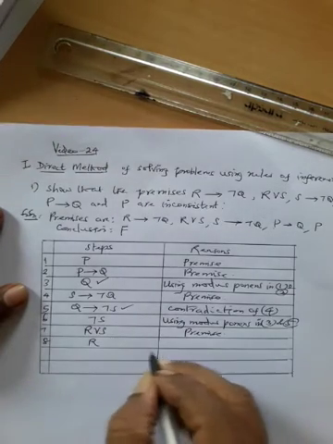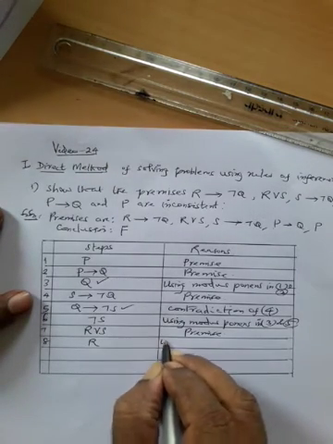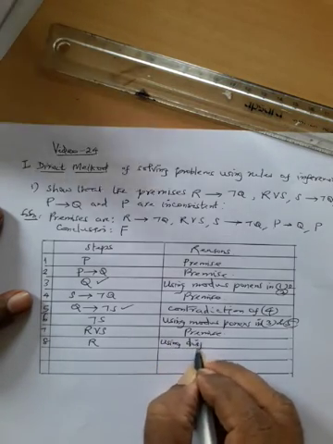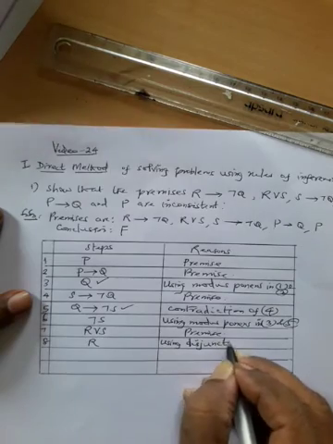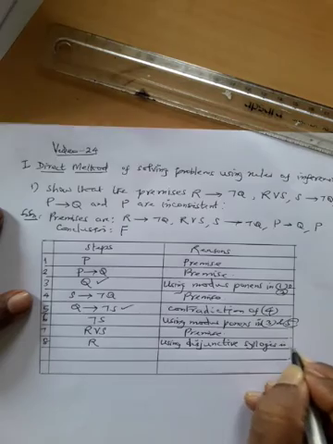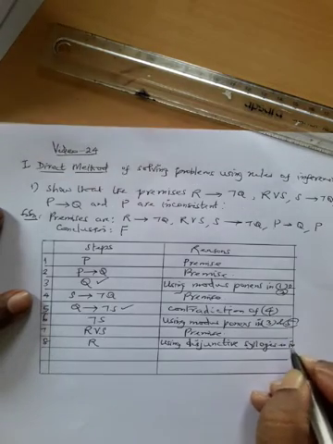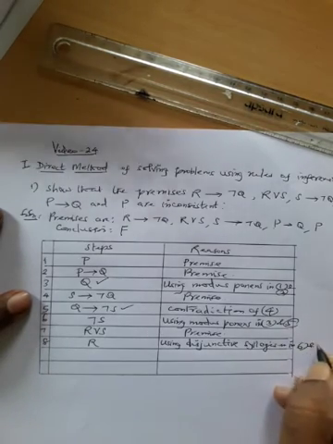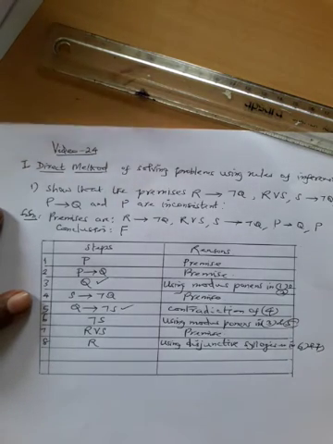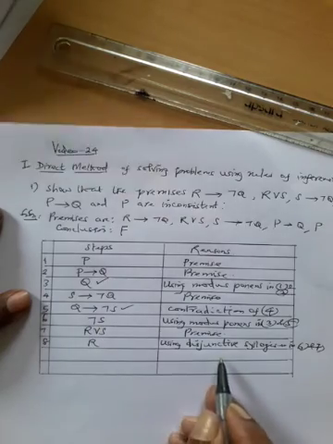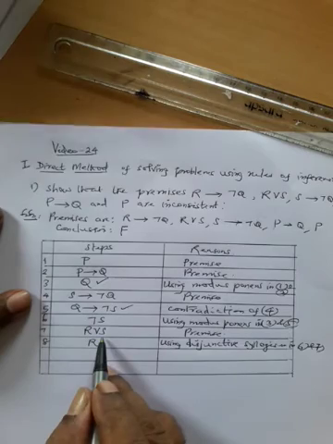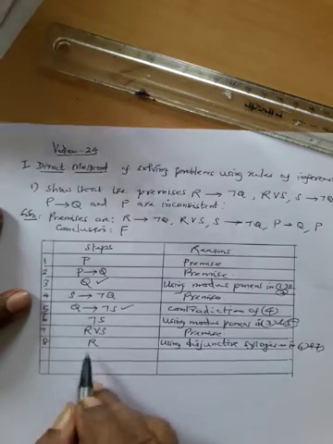This is what is known as using disjunctive syllogism, in 6 and 7. Or you write rule T. Actually the name is disjunctive syllogism.